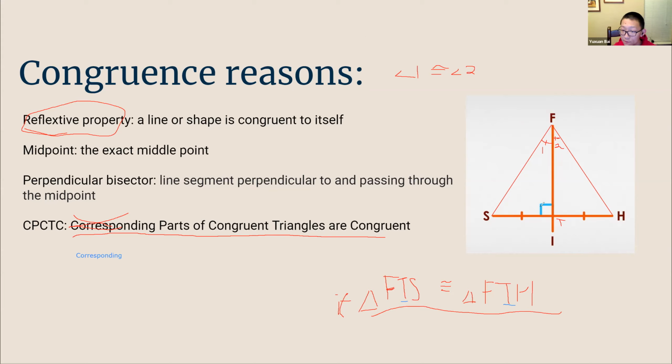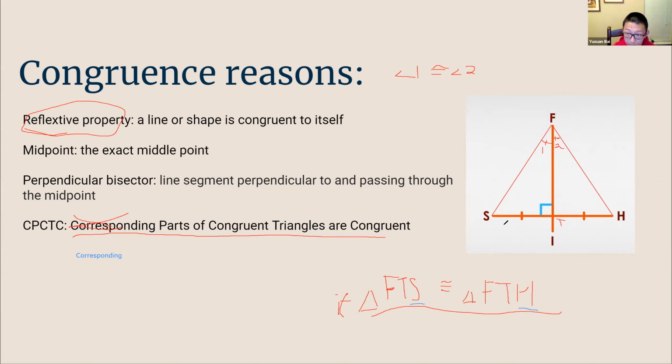The angle that is formed at vertex T here and in the second triangle are corresponding, and therefore they're congruent. And finally, we look at the third letter, S, and the third letter, H.